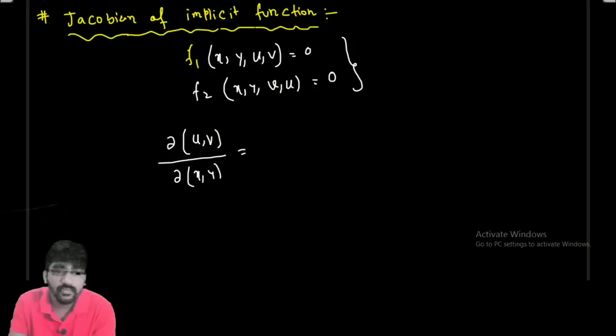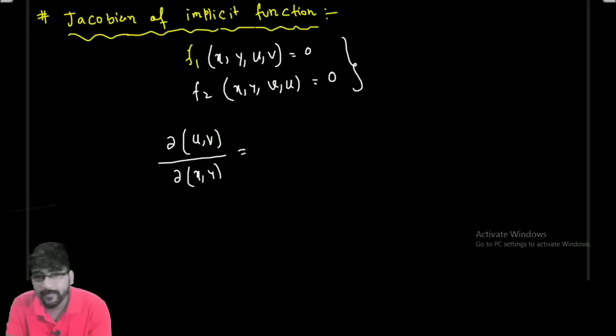This relation is just like differentiation of an implicit function. Instead of a derivative, here we have the Jacobian.